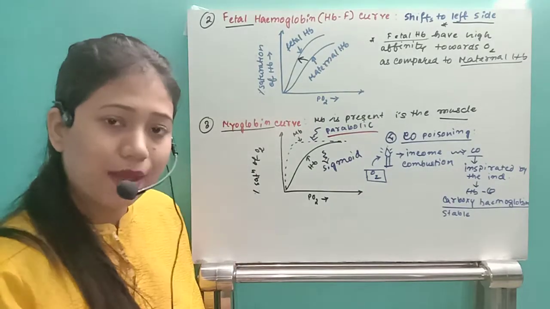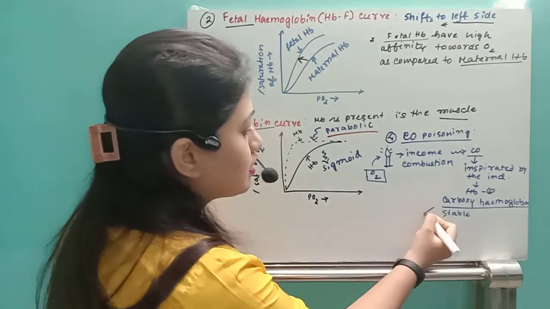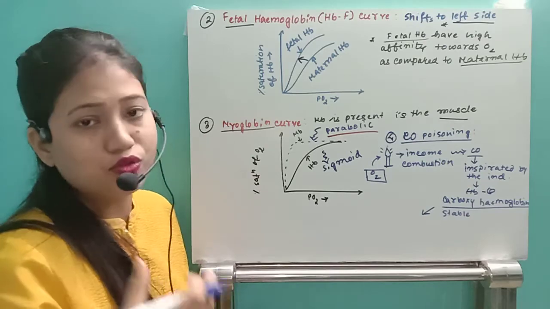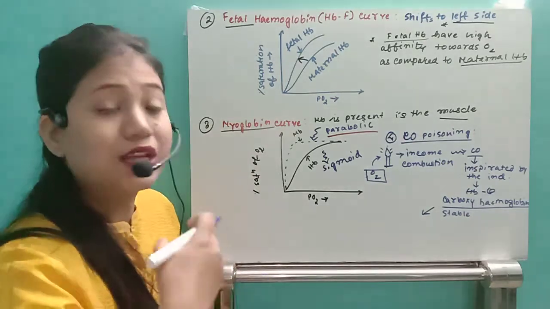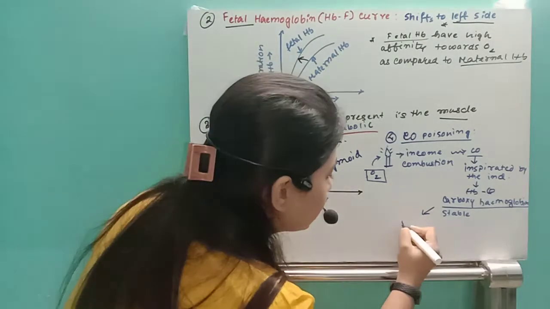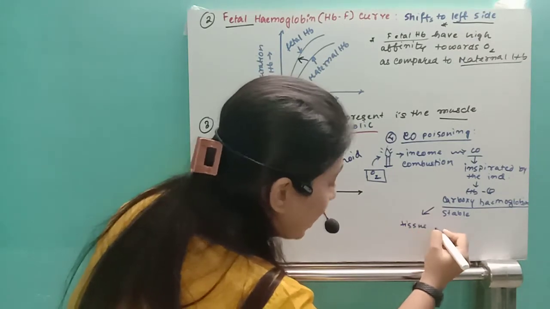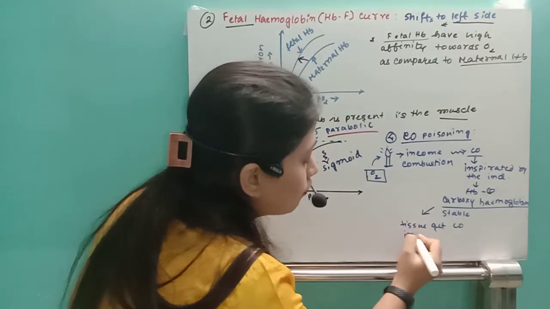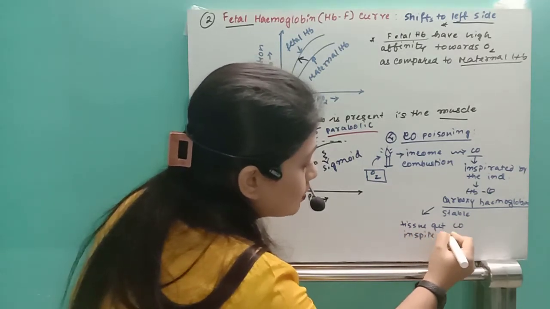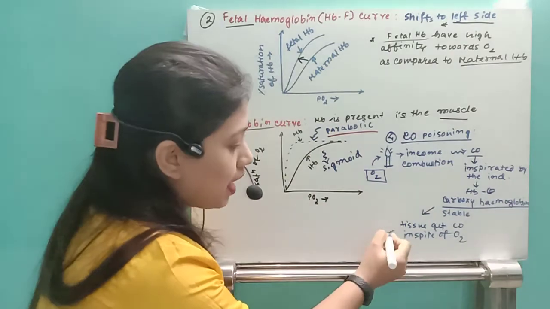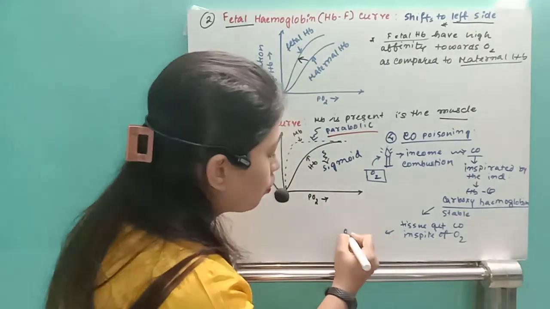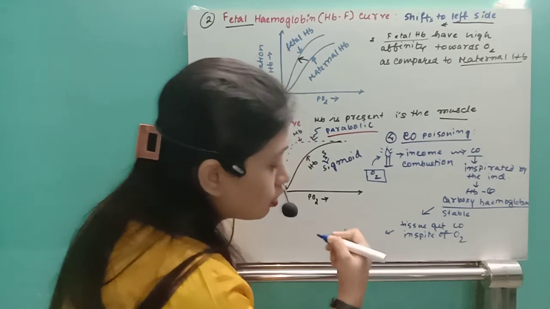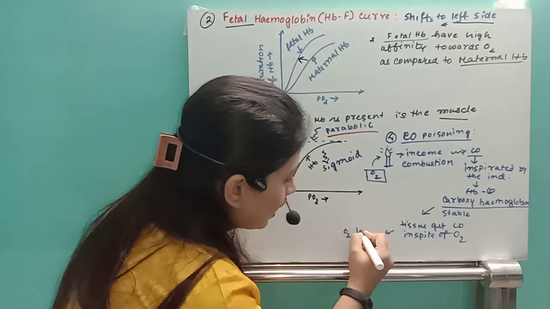So that's why, in the individual who has inspired carbon monoxide, hemoglobin binds with the carbon monoxide to produce carboxyhemoglobin, which is comparatively stable, and the tissues will start to get carbon monoxide in spite of oxygen. So what will happen to that person? That individual will not get oxygen, that means there will be a lack of oxygen.